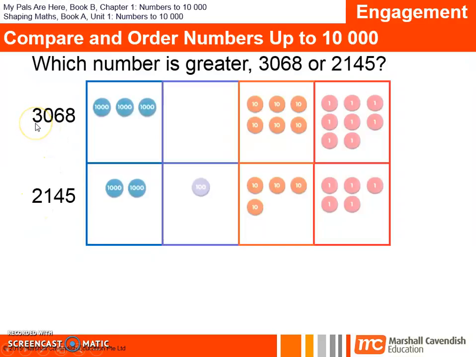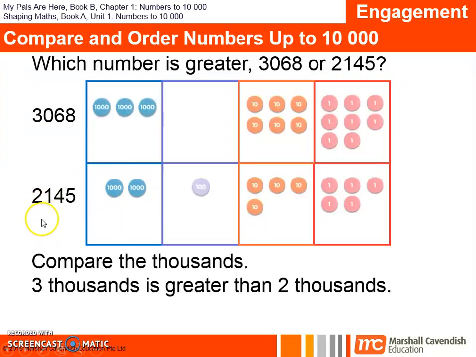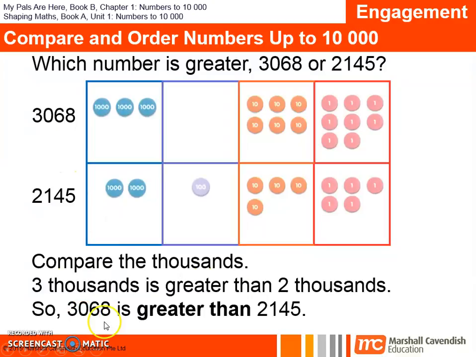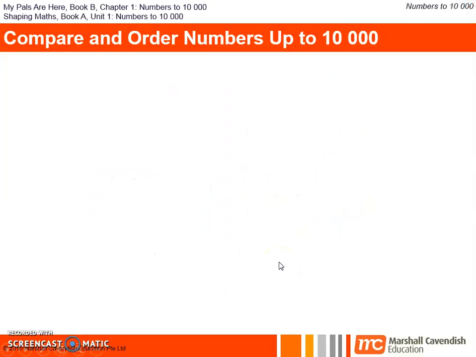So 3000 versus 2000, obviously 3000 has a greater value than 2000. So just by comparing at the thousands place, you will be able to identify that 3000 is greater than 2000. Therefore, 3068 is greater than 2145. Okay, let's move on.